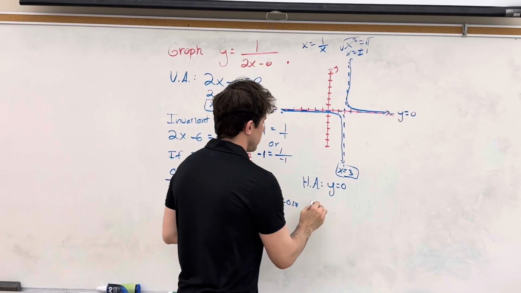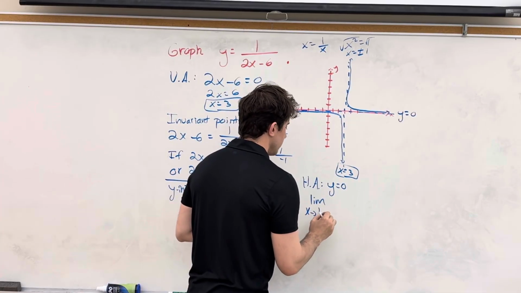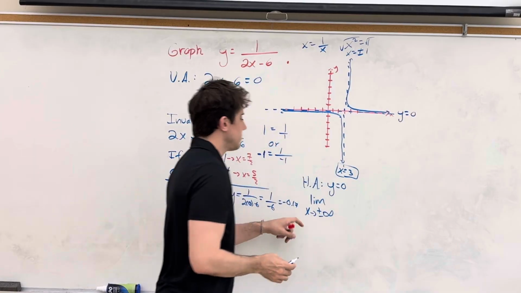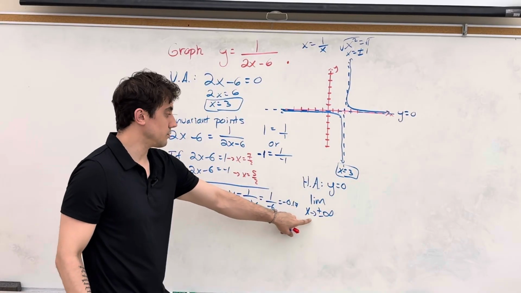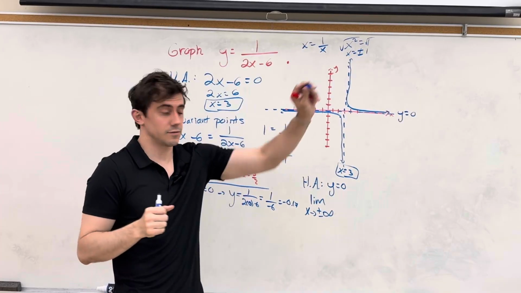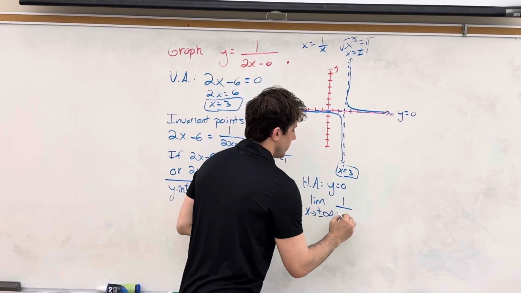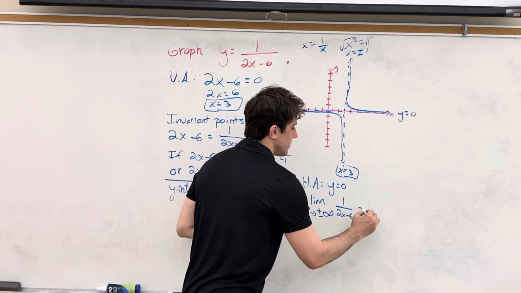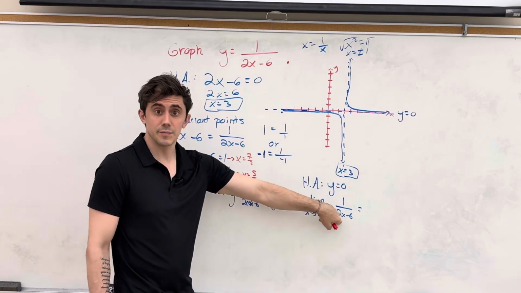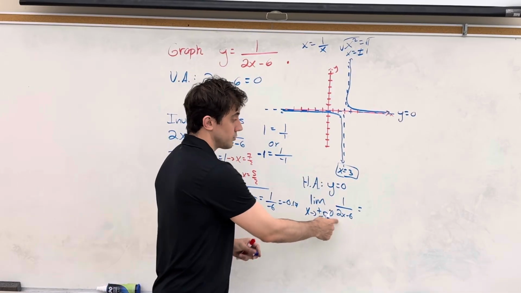Our horizontal asymptote is y is equal to 0. That's because of the limit as x goes to positive or negative infinity, far to the left or far to the right, of this function 1 over 2x minus 6. As x gets really, really big, either positive or negative, this gets closer and closer to 0.